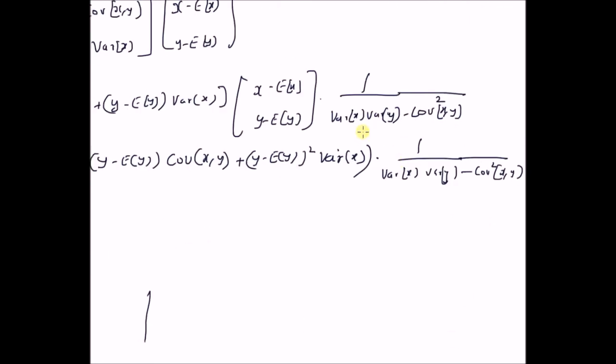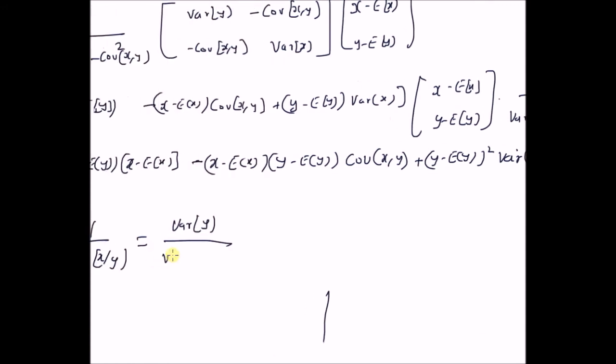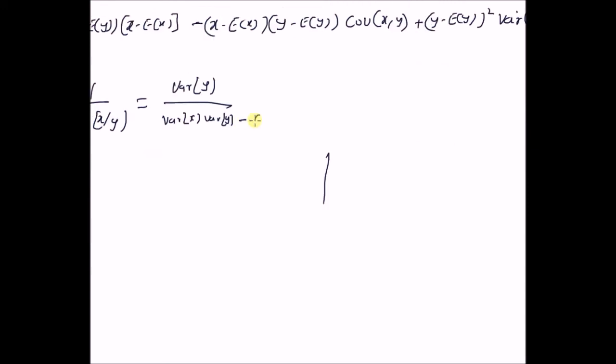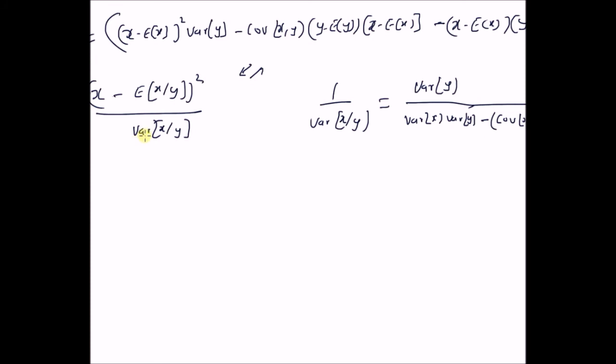It is the product of variance of x and variance of y minus the square of the covariance. So this is variance of x, variance of y minus covariance of x comma y whole square. This is the inverse of the conditional variance of x given y.